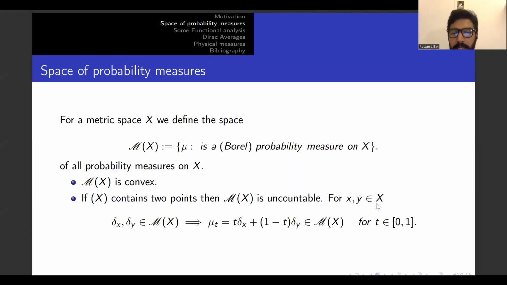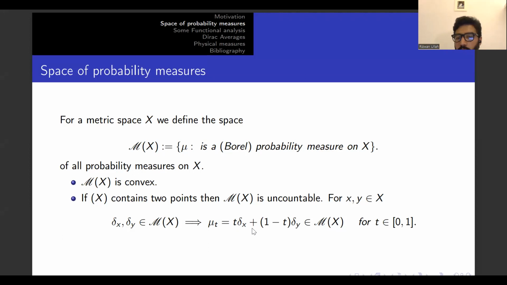Now, as I mentioned, when you have even just 2 points in the space X, you get an uncountable collection of probability measures. And how do you get this uncountable collection? You choose these 2 points, and the Dirac deltas associated to these 2 points, because the Dirac delta at any point is actually a probability measure, as we saw in the other slides.